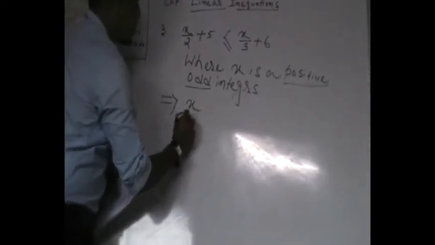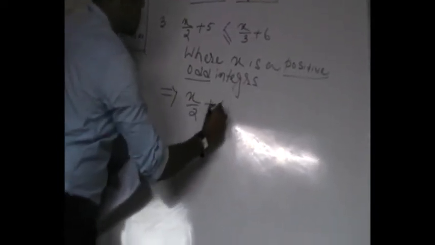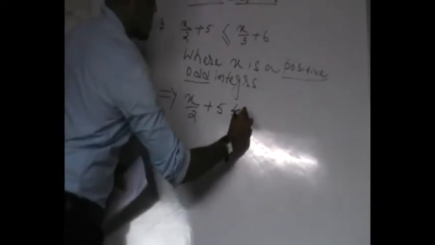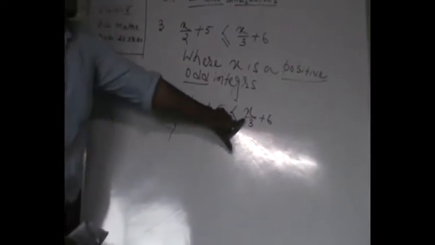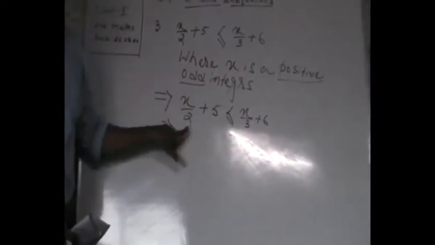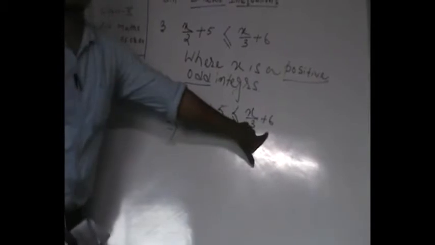First step, x by 2 plus 5, x by 3 plus 6. Now we separate the like terms. Like terms are x by 2 on this side and on the right hand side x by 3. They are like terms. And 5 and 6 they are like terms. So first we separate the like terms.